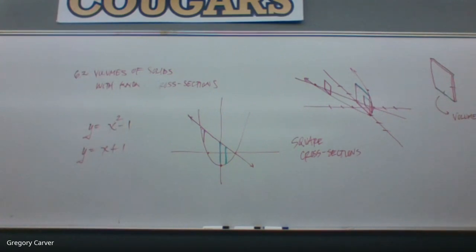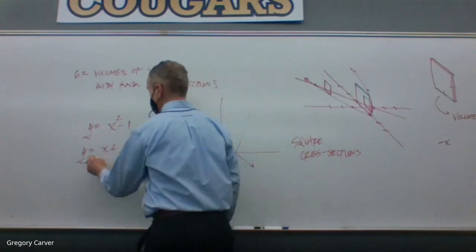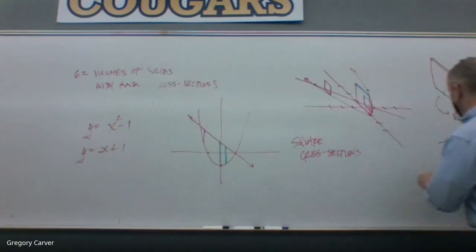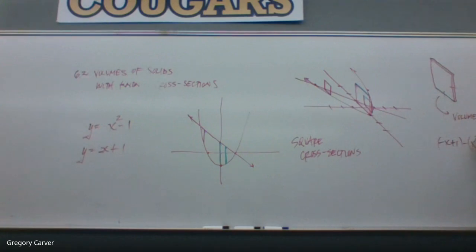So here we go, I just build that in. This is going to be negative x plus 1, minus x squared minus 1. This being my length. Grayson, you okay with that?